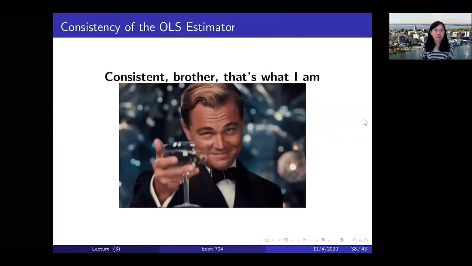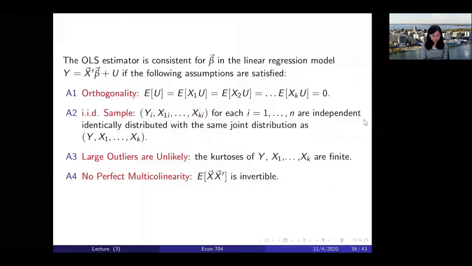Now, let's try to prove the consistency of the ordinary least square estimator. Just to sum up the assumptions that we introduced, we want the error term to be orthogonal to the vector 1 and to all the x variables.